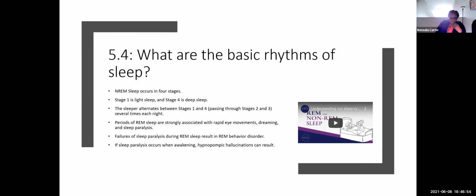So non-REM sleep occurs in 4 stages. REM stands for rapid eye movement. Stage 1 is our light sleep, and stage 4 is your deep sleep. If you are being aroused out of stage 4 deep sleep, that's usually where we start to look and find our sleep disorders.